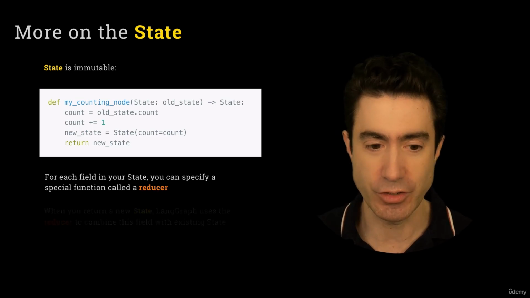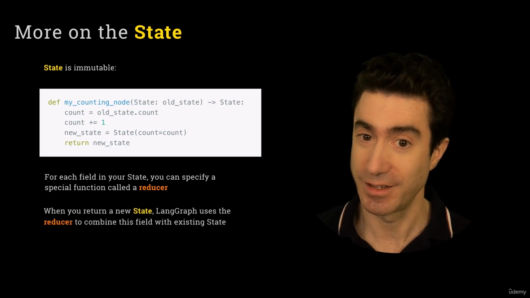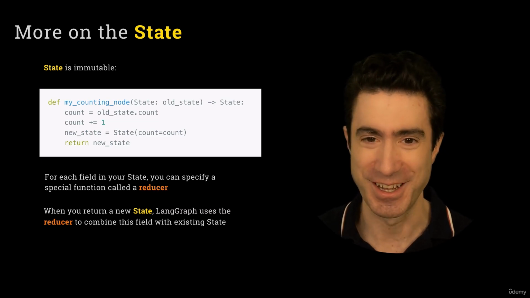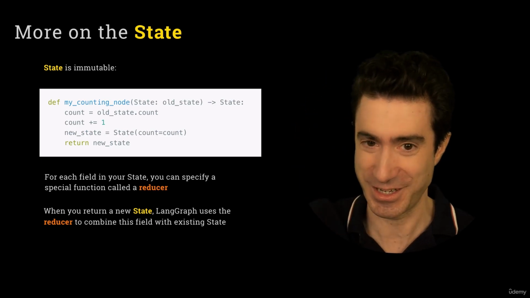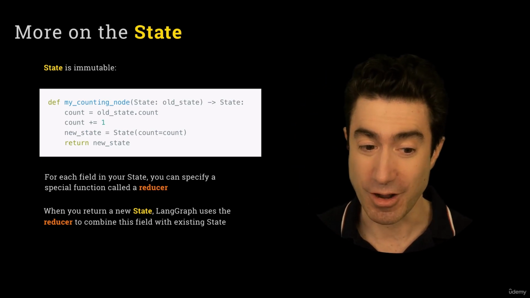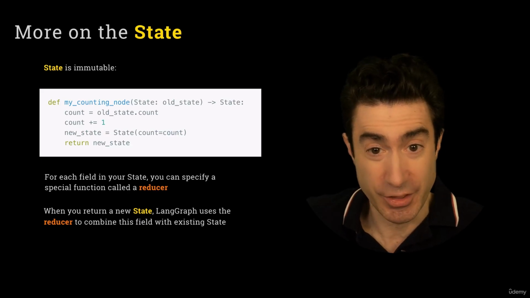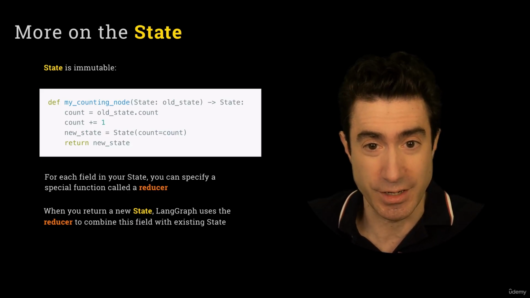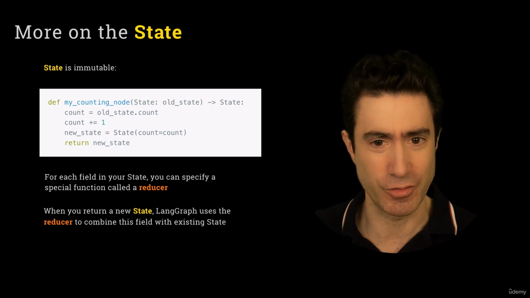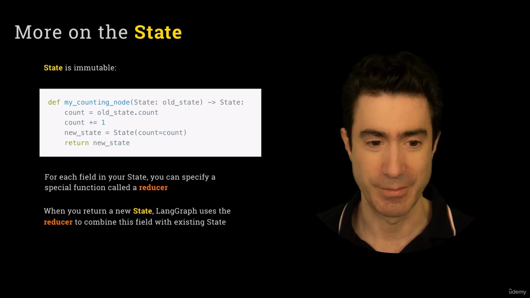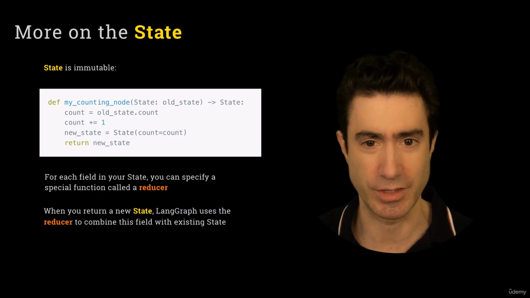Whenever you return a new state, which is a new version based on an old state, LangGraph can use this reducer function to decide how to combine the specified field in your new state with the current state. You see that? So if you have a field, maybe it's count, maybe it's a different field, it would use the reducer to combine it with the old state.